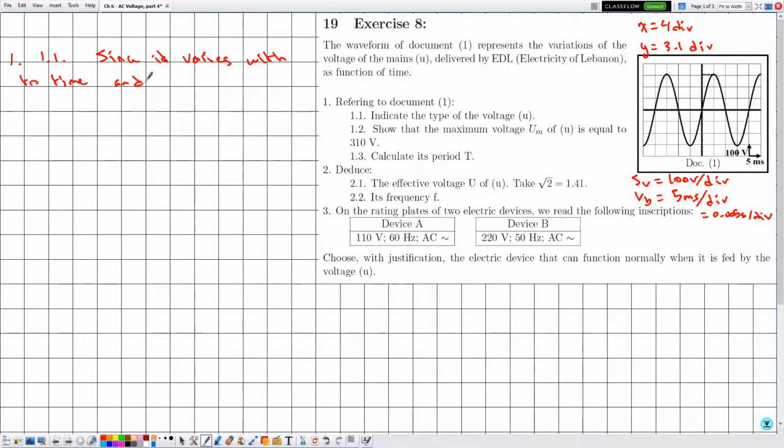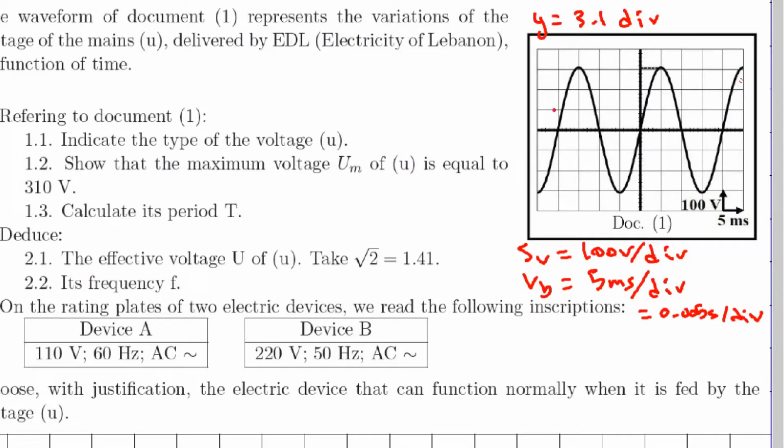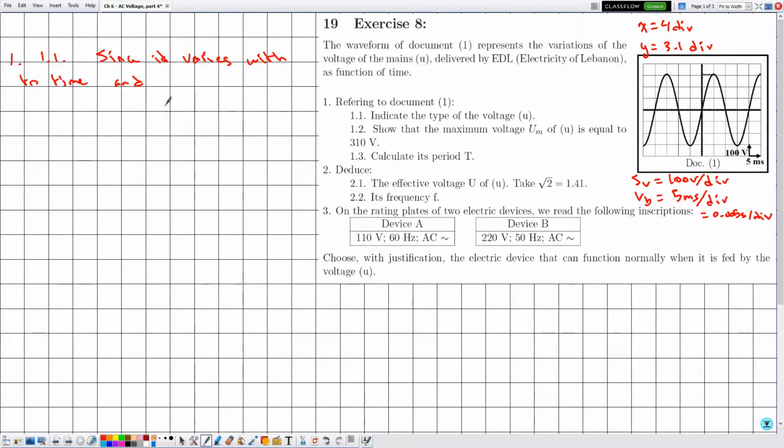notice that part of the curve is above the x-axis, which means positive. The other part is below the x-axis, which means it is negative. For this reason, let me write it's alternately positive and negative.